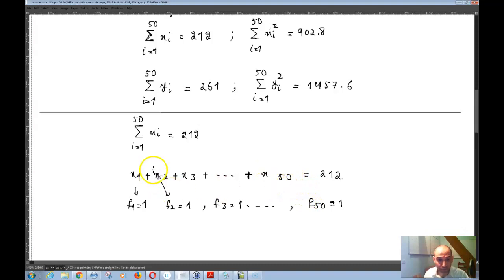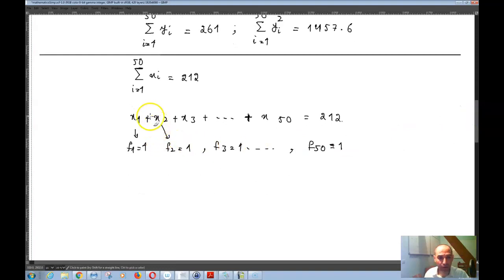So then if that is the case, that doesn't necessarily have to be wrong, the assumption, because for example, suppose that x1 happens to be equal to x2.